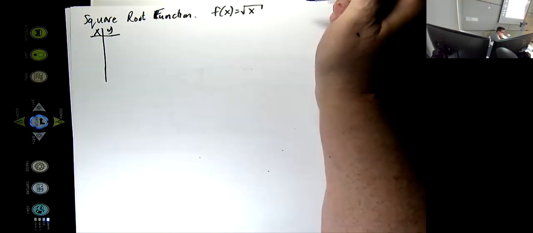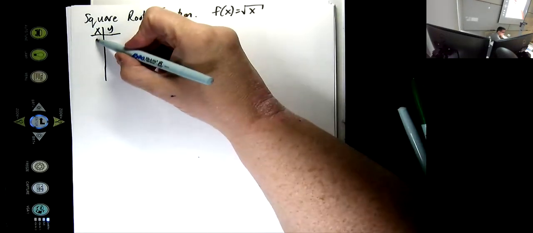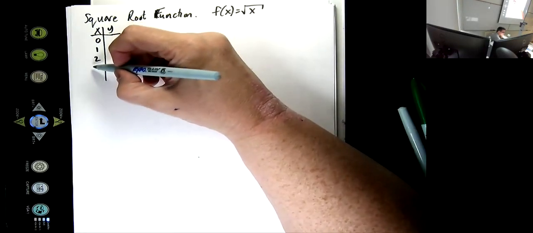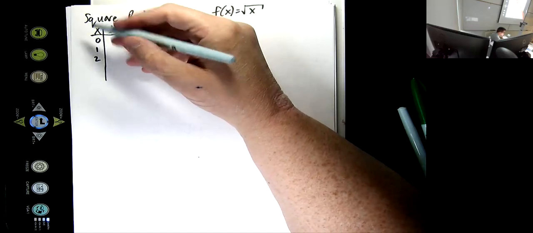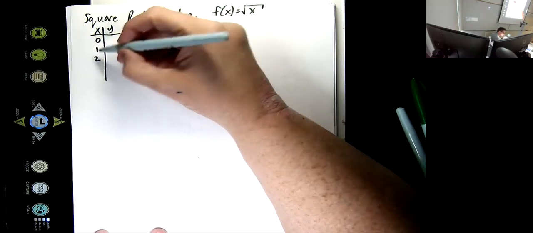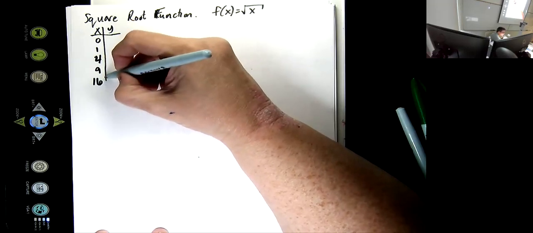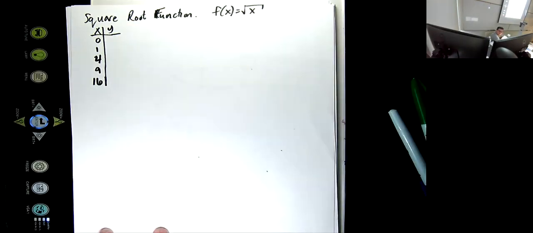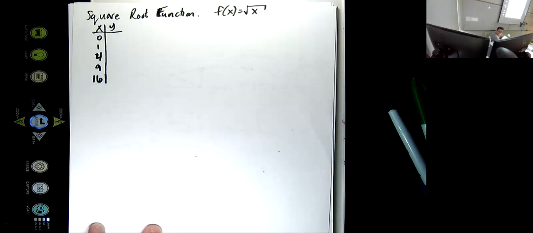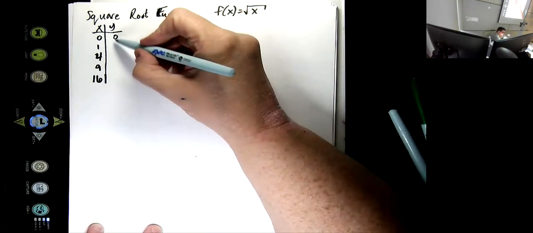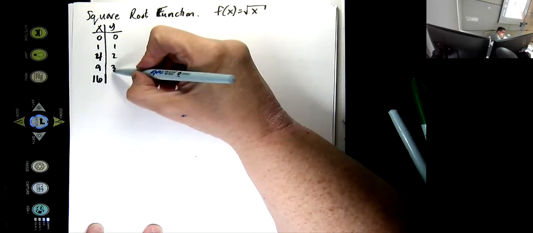Now here, we can't graph complex numbers, so x has to start at 0. I'll still do 5 numbers though. But since we're taking the square root, this works a lot better if I just list square numbers. So the square root is 0, 1, 2, 3, and 4.